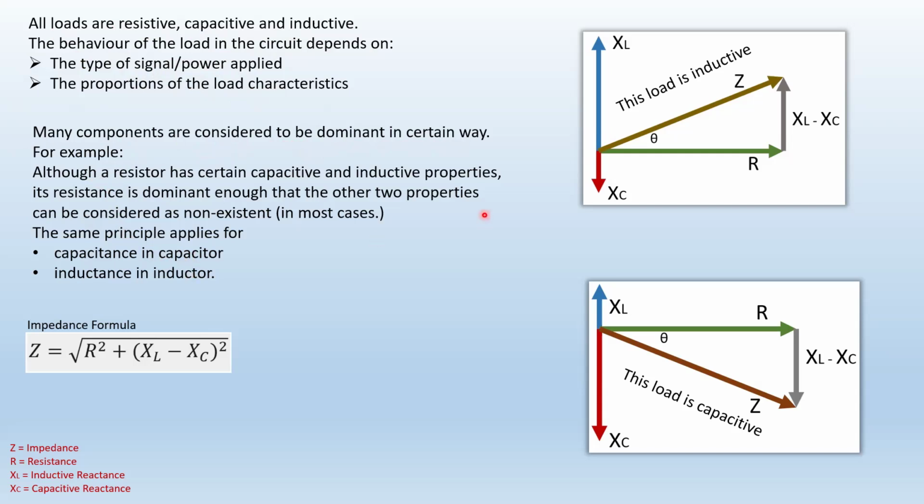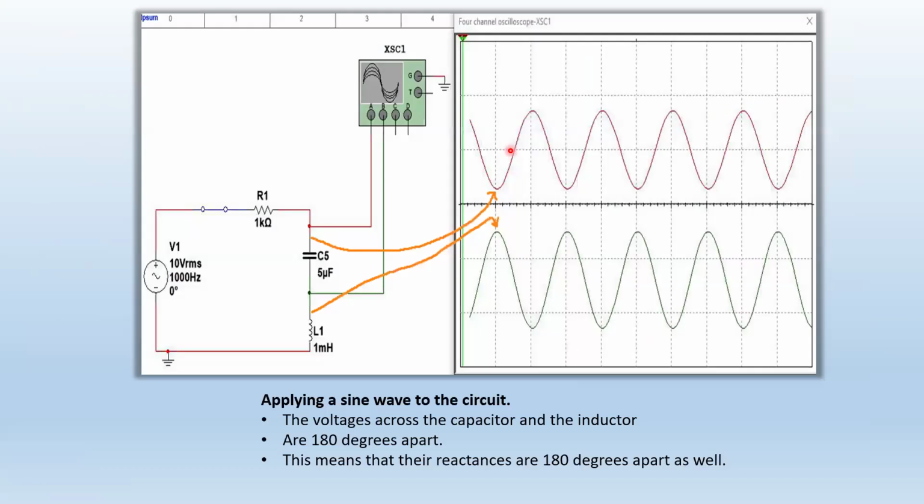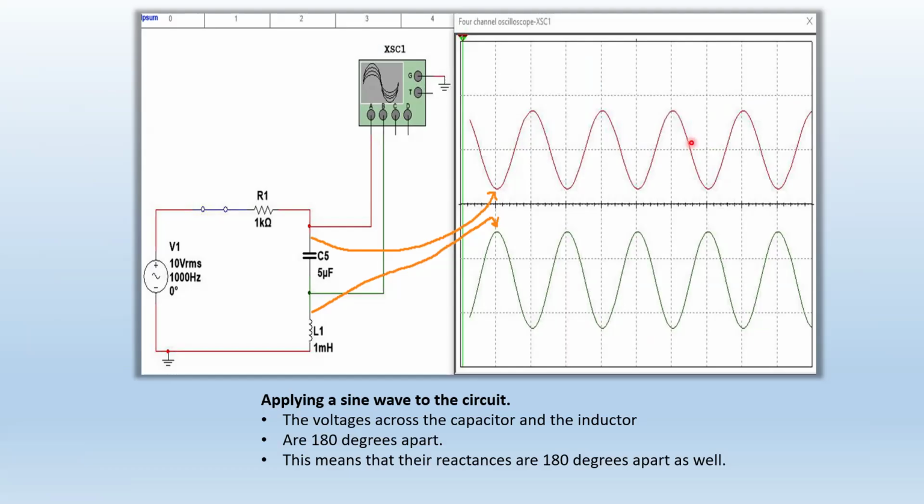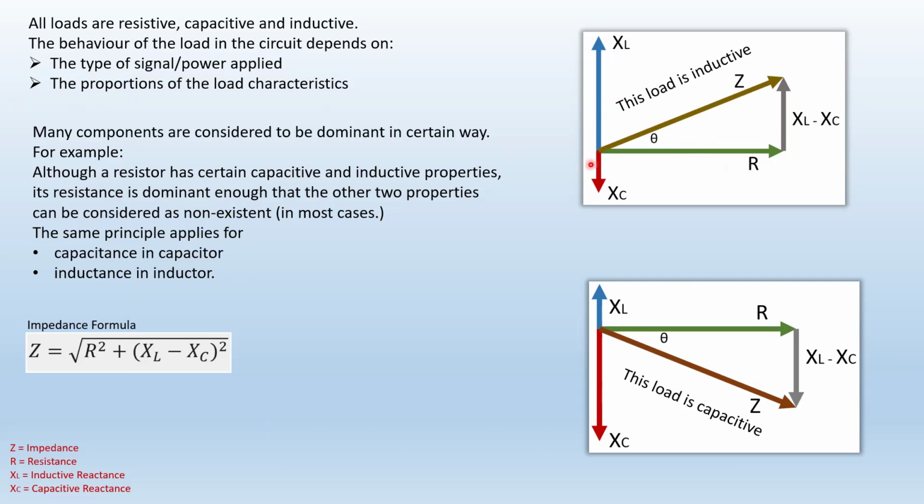Here is how we go with the impedance. Remember this thing here? You might want to go back to it once you review the notes. In a circuit like this, we're going to have a certain amount of reactance and a certain amount of reactance going the other way.